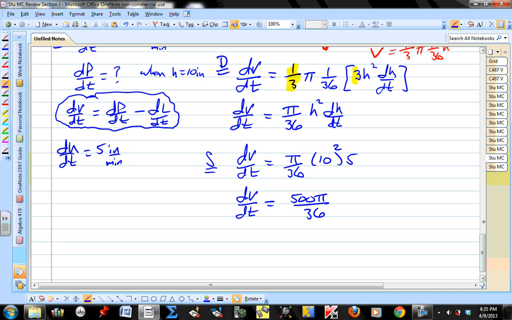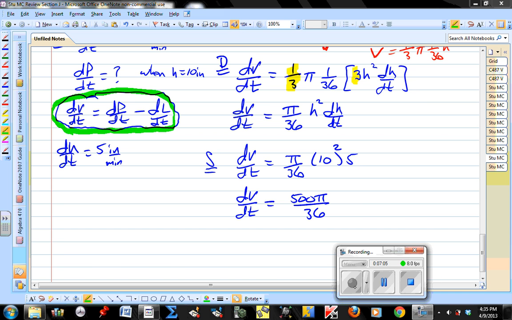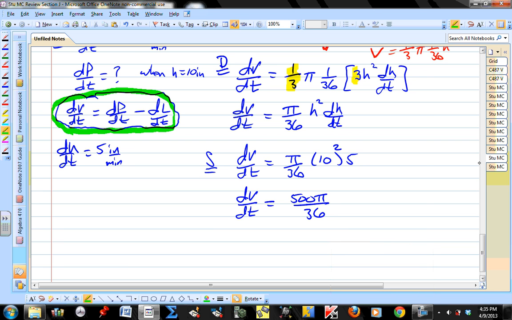Now, we're almost there. Remember that we said dV/dt is really the rate of change of water being pumped in minus the rate of change of water being leaked out. So let's replace dV/dt with dP/dt minus dL/dt, the rate at which water is being pumped in minus the rate at which water is leaking out. 500 pi over 36. Of course, we can simplify this.